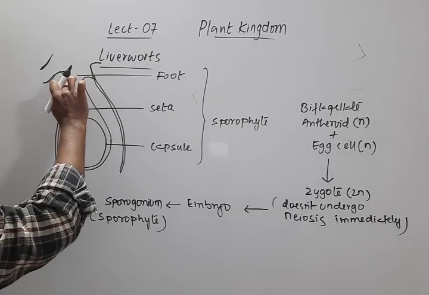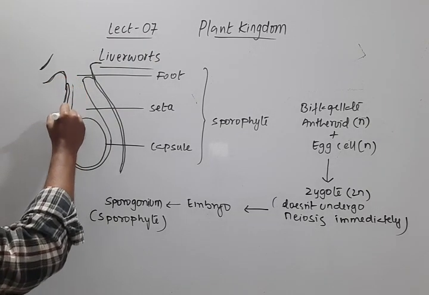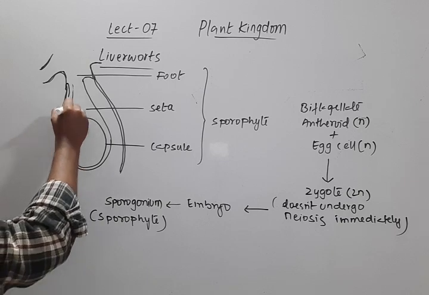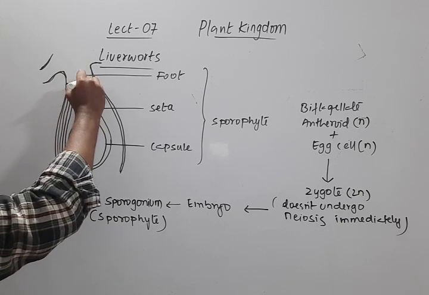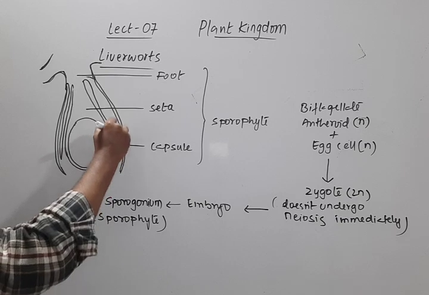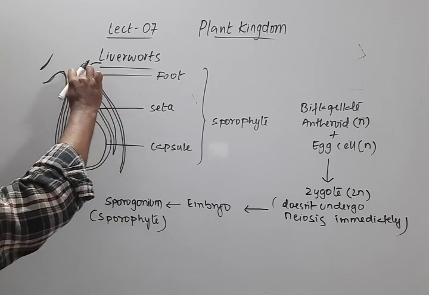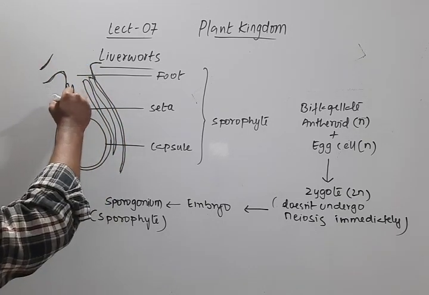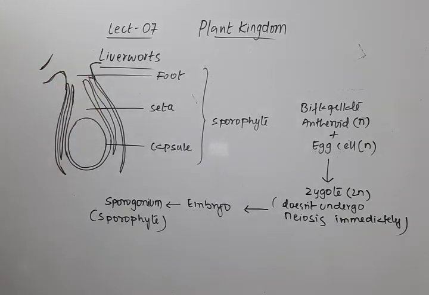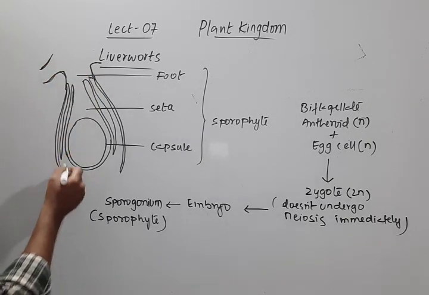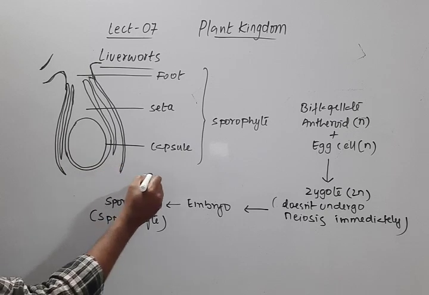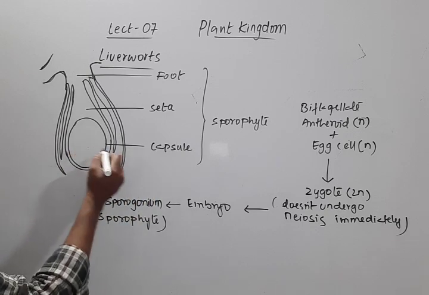So the thallus, and a few more structures like this. Of course, here I'm not drawing the cells, but there will be a lot of cells, and inside the capsule we find sporogenous cells.